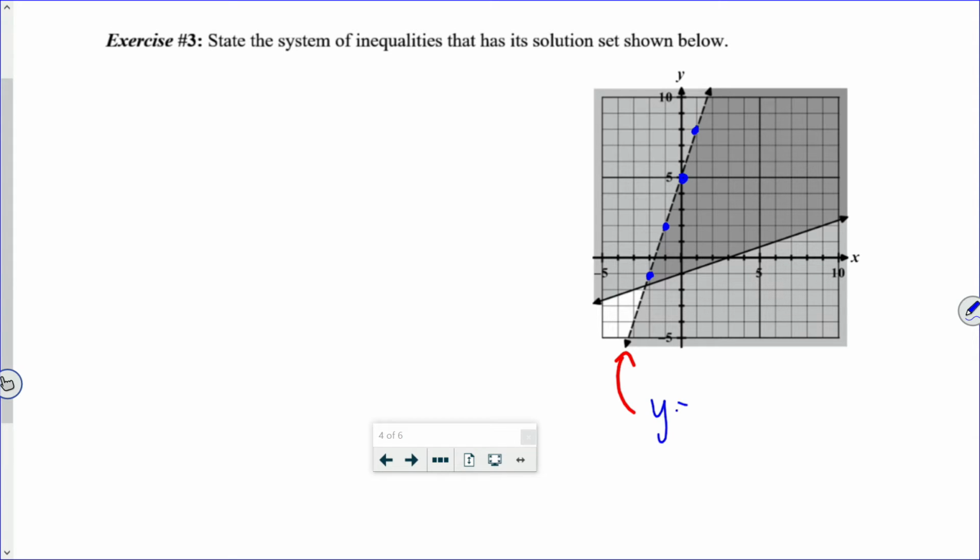So that's simply the line y equals 3x plus 5. On the other hand, this one right here, the one that's solid, has a y-intercept of -1 and a slope of 1/3. You're going to the right 3 and up 1. So that's going to be y equals 1/3 x minus 1.